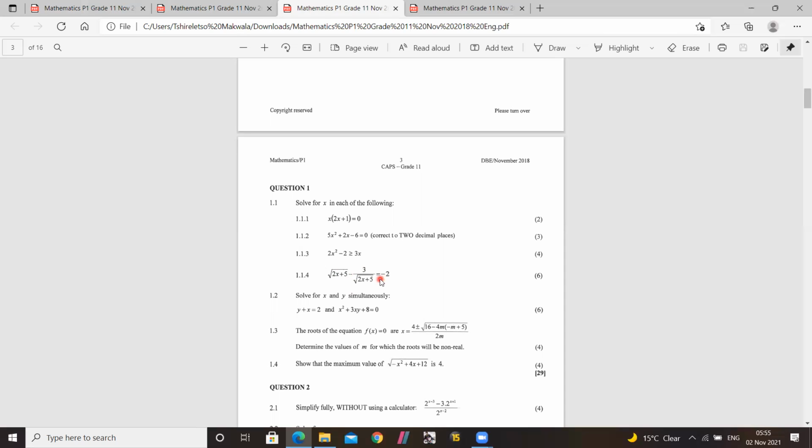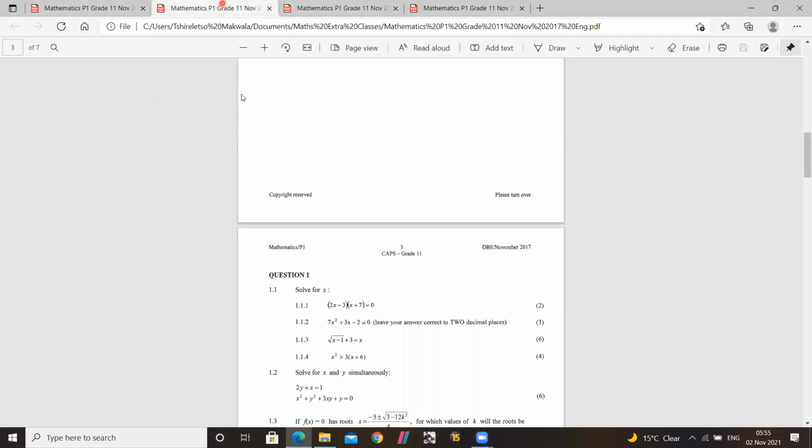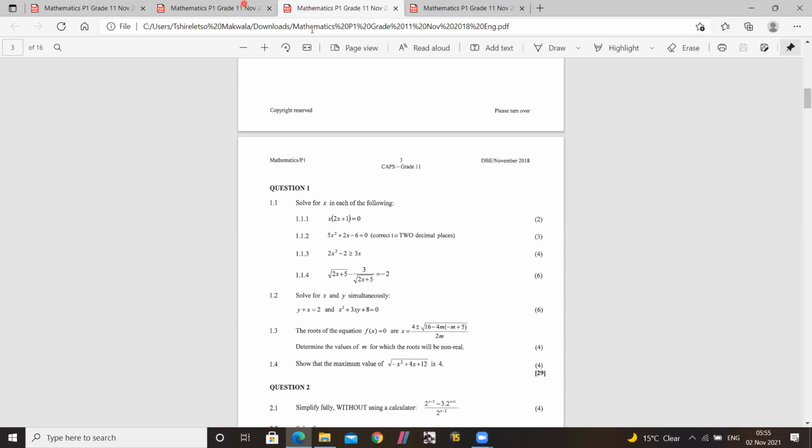If you try to solve for x normally and it is very difficult to solve, then you know it's a let type of question. So for question one, that's like algebra.